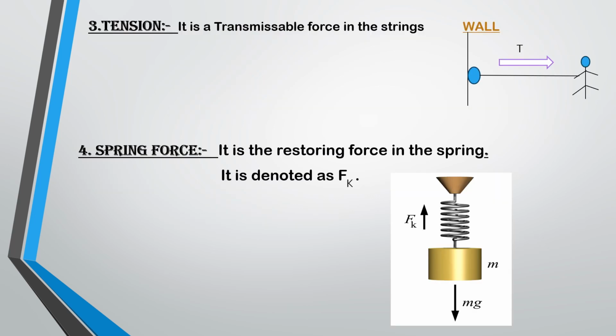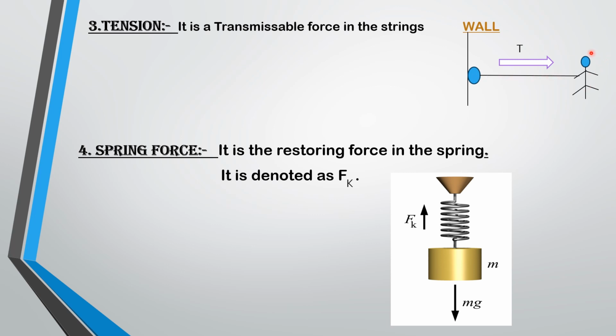The next type of force is tension. It is a transmissible force in a string. Consider a wall, and on that wall a button or a hook is placed. Consider a hook, with a rope or a string attached, and that string is in some man's hand.